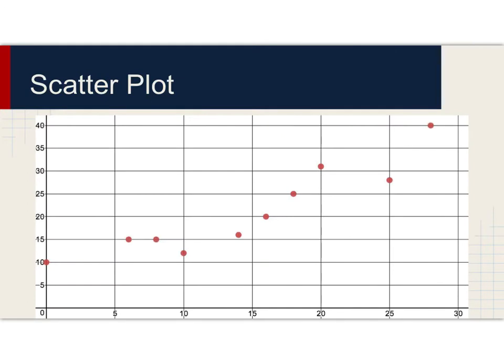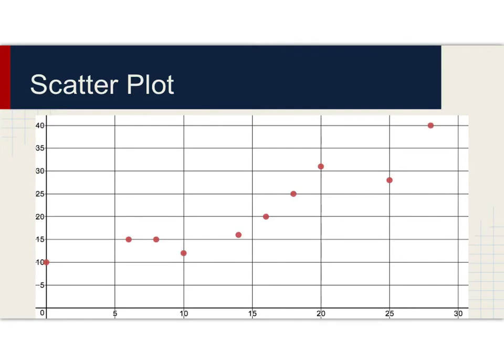Well, if we look at the scatter plot, you can see that there is a fairly strong linear correlation. It appears to be positive. It certainly is positive. As x is increasing, y is increasing along with it, as we would expect to have happen.